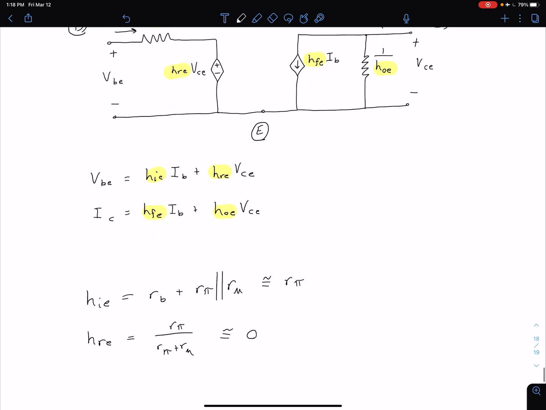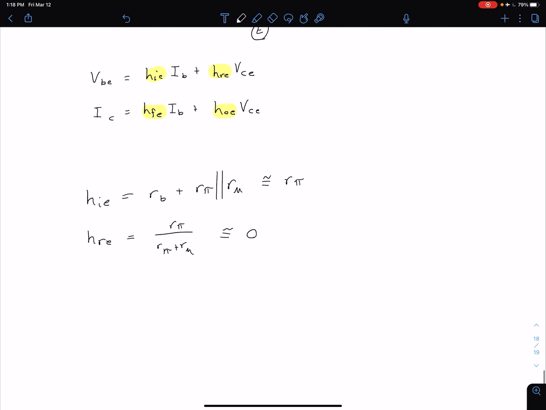Now for the two H parameters on the output side, we have our HFE, where IC equals HFE IB. From that we can see that our HFE is just going to be equal to GM R pi, which, as we said previously, is equal to beta. Typically this is going to be the most useful or most important one.